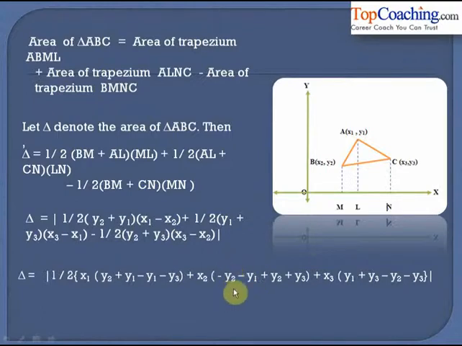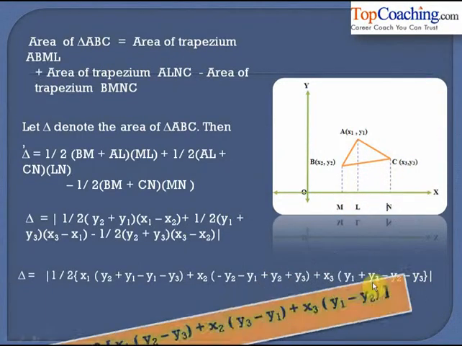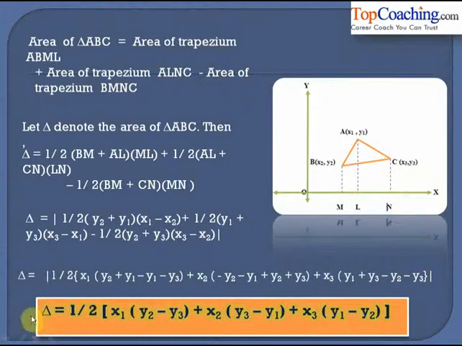Here y2 and y2 get cancelled and here y3 and y3 get cancelled. So what we get is the final answer as area of triangle ABC equal to 1 by 2 into x1 into y2 minus y3 plus x2 into y3 minus y1 plus x3 into y1 minus y2. So this represents the area of triangle ABC and hence we have proved this theorem.